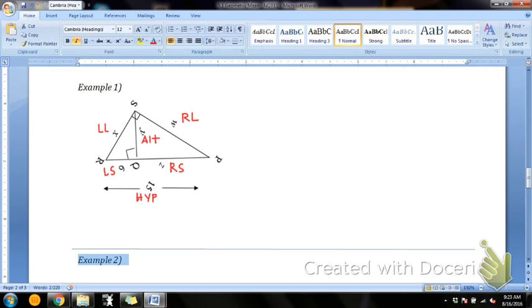Okay, so the first one I want to do, let's set up our first proportion. Left seg over left leg equals left leg over hypotenuse. So we're going to fill in this information.